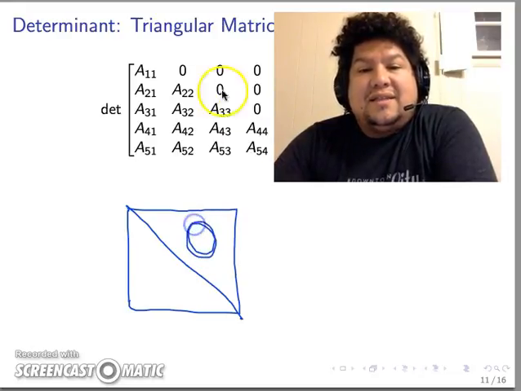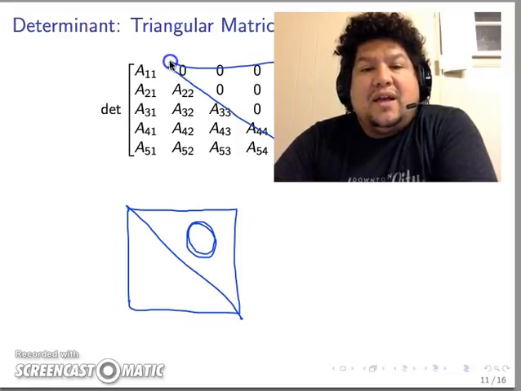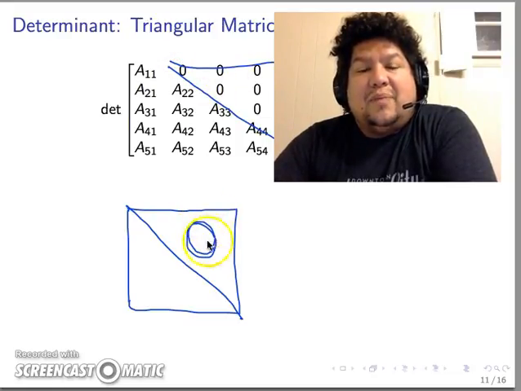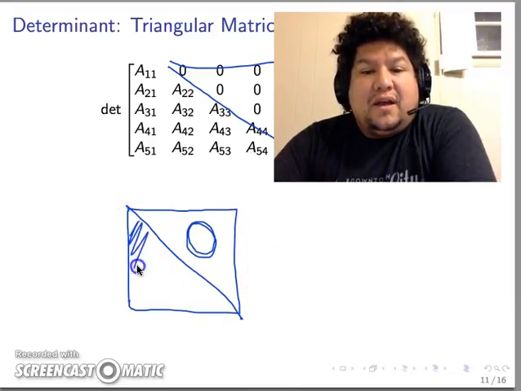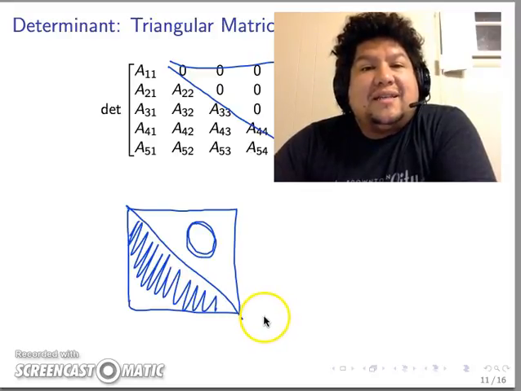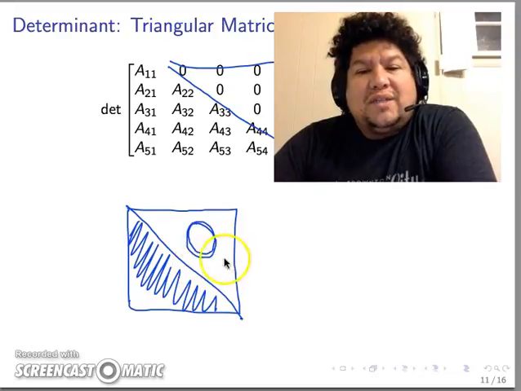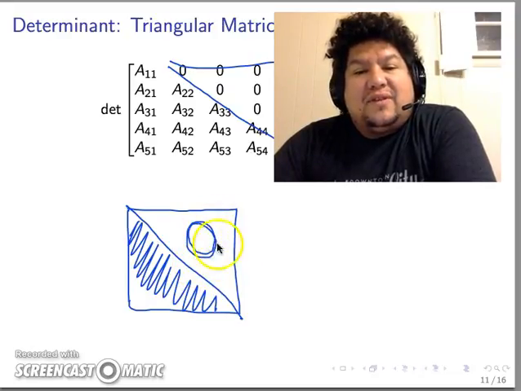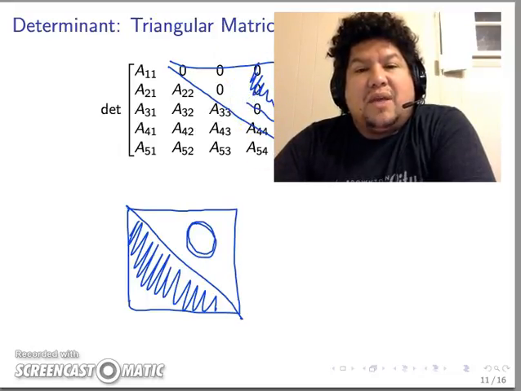So this is the case in this example, in which the zeros are located on the upper part of this matrix. The entries that lie below the diagonal are not necessarily 0. Some of them may be 0, but for sure all the zeros are located in this portion of the matrix.